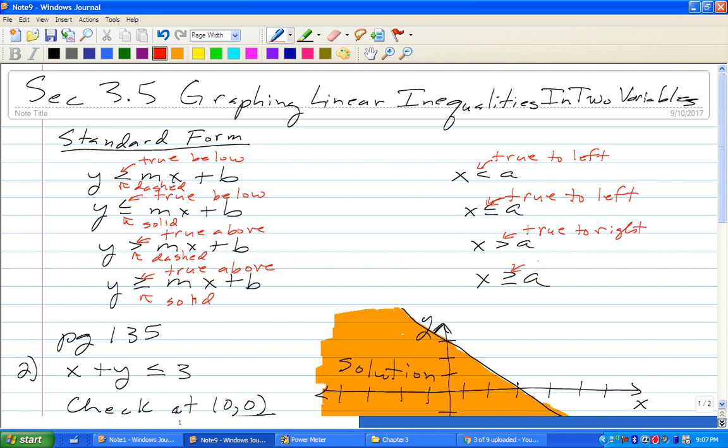Greater than or equal to, it is true to the right. And again, if there's no equal sign, then the boundary line will be dashed. If there is an equal sign, then the boundary line will be solid. Okay, so this will give us a further technique to be able to graph inequalities.